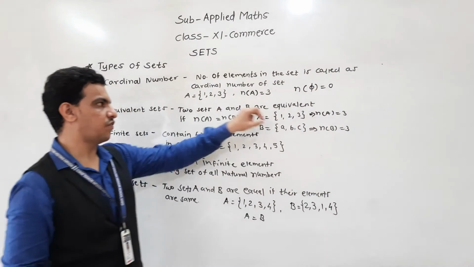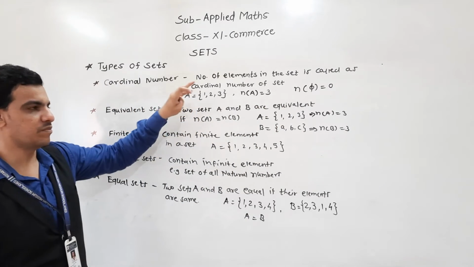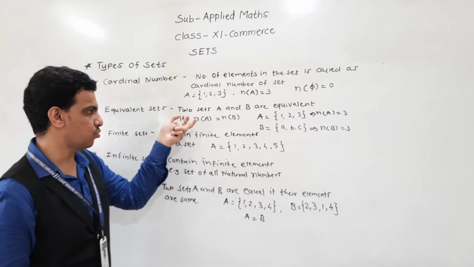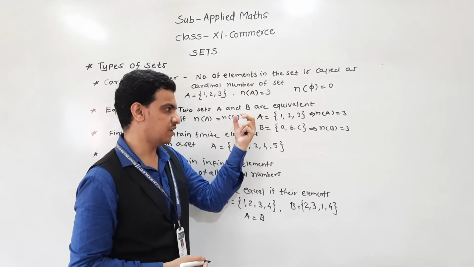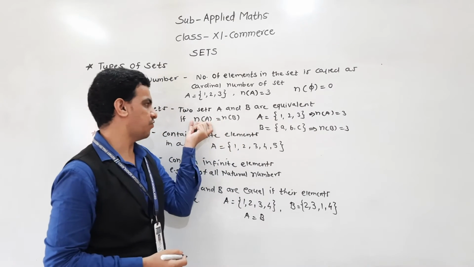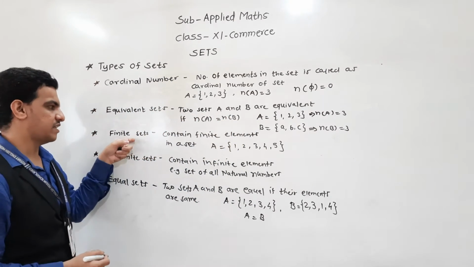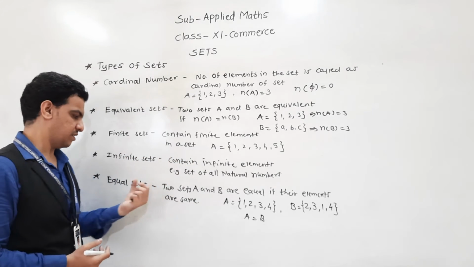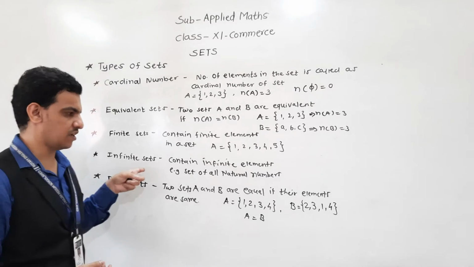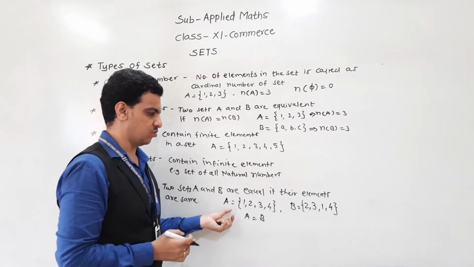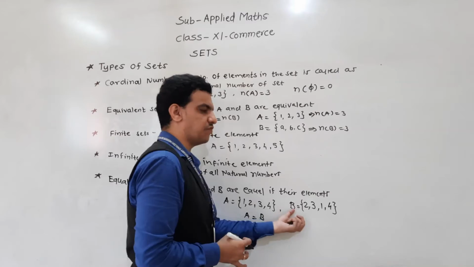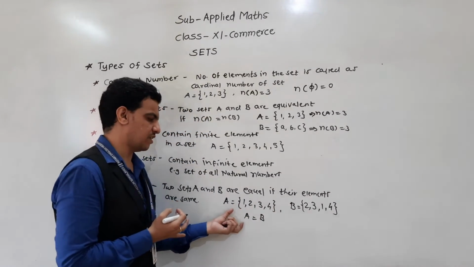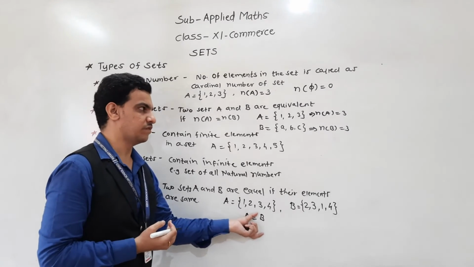Equivalent sets means two sets A and B are equivalent if the cardinal number is the same, that is n of A is equal to n of B. A finite set contains finite elements. An infinite set contains infinite elements. And two sets are equal if their elements are the same. Though the order is different, the elements are the same, so we can say that A is equal to B.